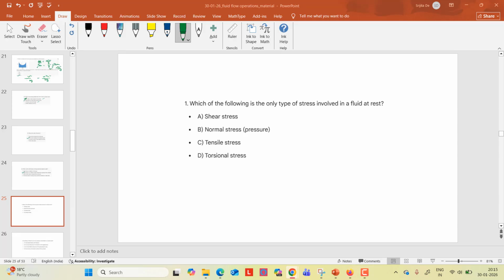Which of the following is the only type of stress involved with the fluid at rest? So it is always the normal stress, right? This is the normal stress.